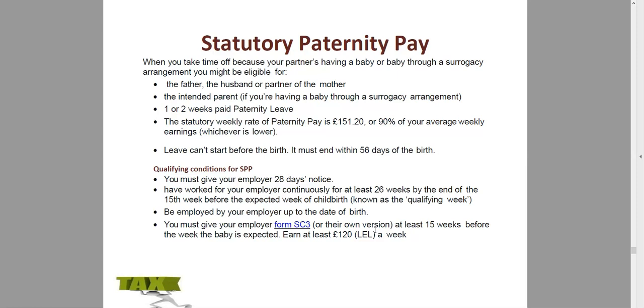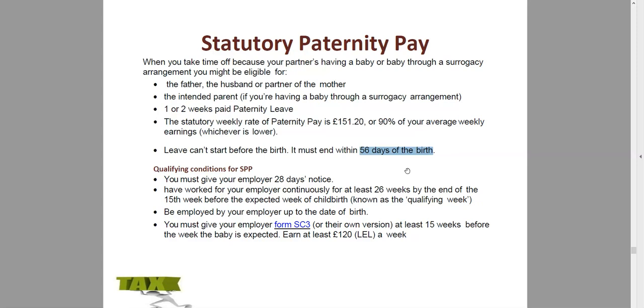You can get 2 weeks of statutory paternity payment, but you have to claim it within 56 days of the birth. Once the baby is born, from that day, you have 56 days to claim the paternity payment, and the leave cannot start before the baby's birth. So you have to wait until the baby is born.